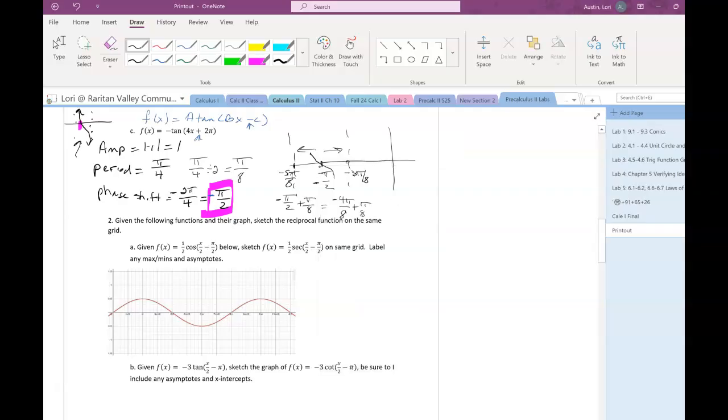And then your graph comes up and goes down. So the equations of your asymptotes are x equals negative 5 pi over 8, x equals negative 3 pi over 8, with an intercept at negative pi over 2, 0. Okay, so there's your tan function.